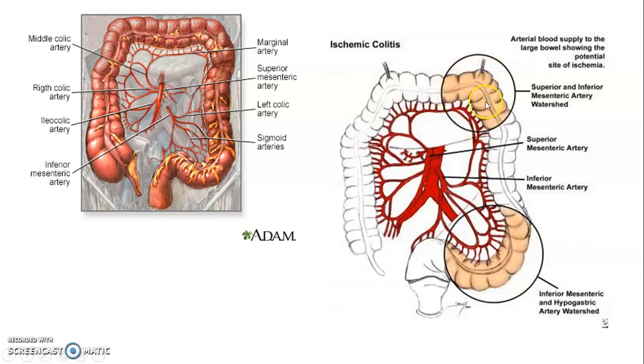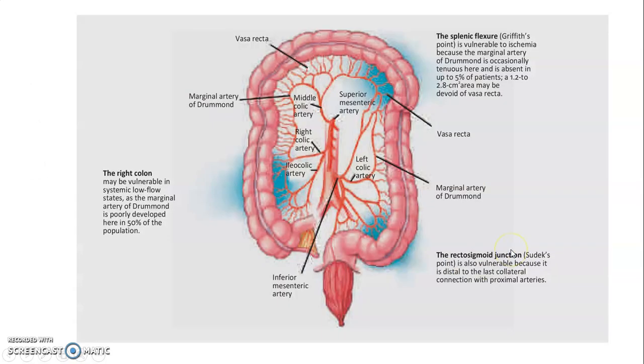Where there's a connection of the two, that's a watershed area, a potential site of ischemia. And then this lower portion, where the inferior mesenteric communicates with hypogastric arteries, is another watershed area. This shows the watershed areas again, the splenic flexure. The right colon may also be vulnerable, especially the antimesenteric border, and the rectosigmoid junction is also vulnerable to ischemia because of connection with the proximal arteries.